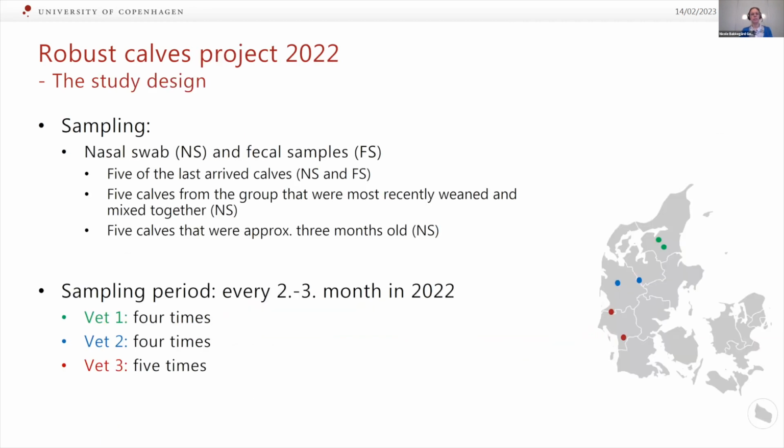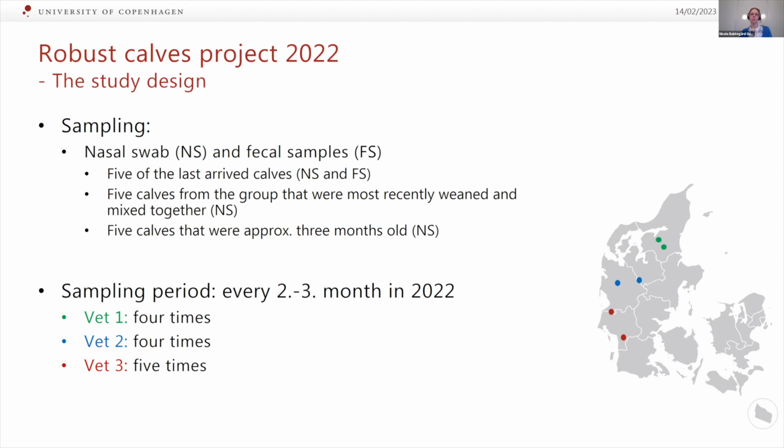And the samples that were collected within this project were nasal swab samples and fecal samples. And the nasal swab samples were collected from 5 calves from 3 age groups. And these age groups were defined as the last arrived calves, the group that were most recently weaned and mixed together, and calves that were approximately 3 months old, while the fecal samples were only collected from the youngest age group.